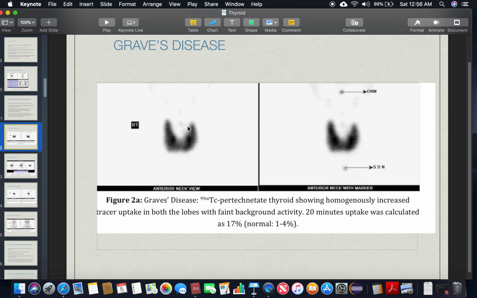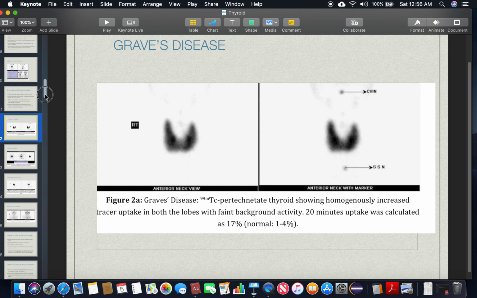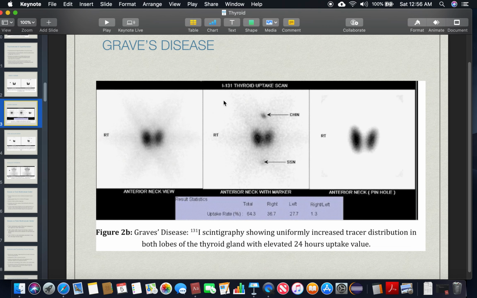Now, Graves' disease: a pertechnetate scan showing increased and uniform uptake in both lobes, a little bit of uptake in the isthmus, again with chin and suprasternal notch markers, and uptake in the salivary gland. Again, an example of Graves' disease, with elevated uptake at 24 hours.